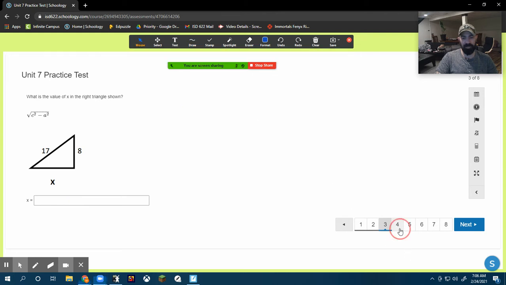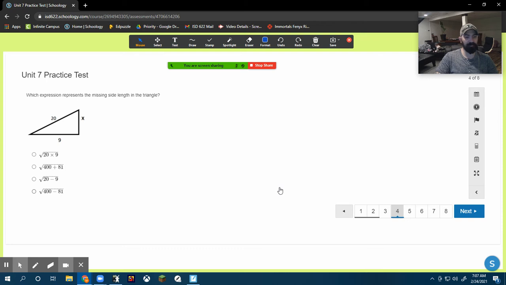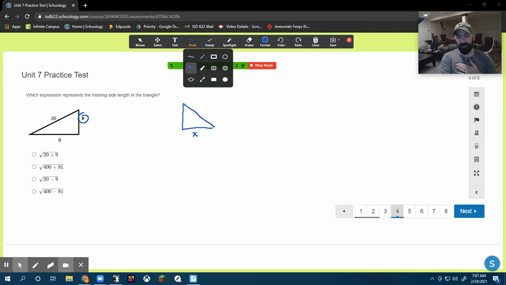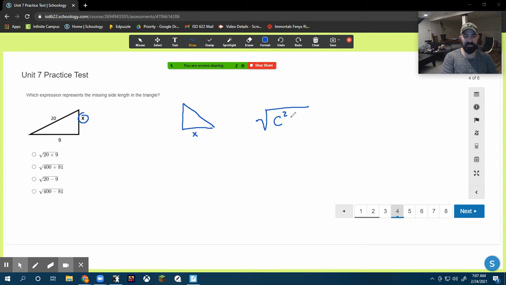Remember, you can always pause the video and go back and rewind. And which formula am I going to use here? Well, this is similar to the one we had before. Same type of situation. We're missing a leg. If we are missing a leg, that means we are looking for the square root of C squared minus A squared.